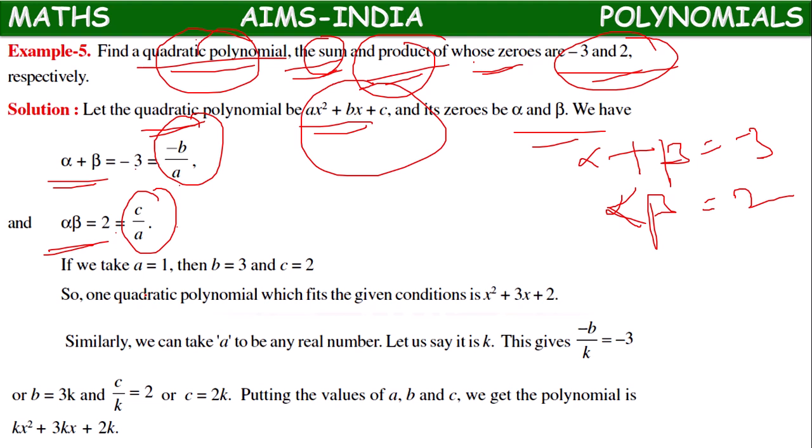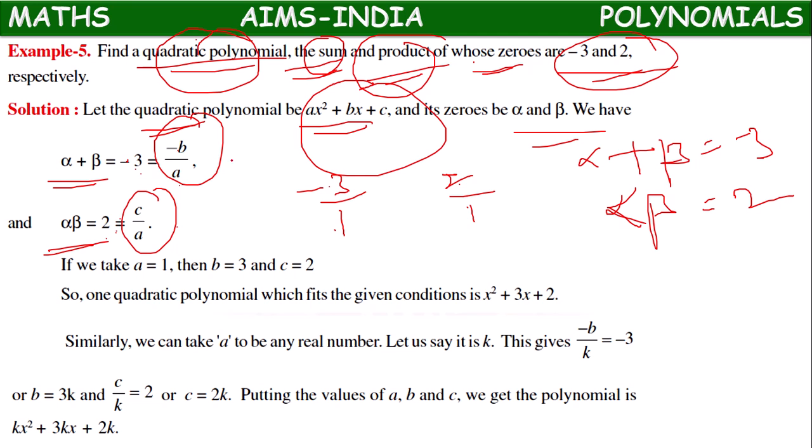So directly, if we guess the values, minus 3 can be written as minus 3 by 1, and 2 can be written as 2 by 1.